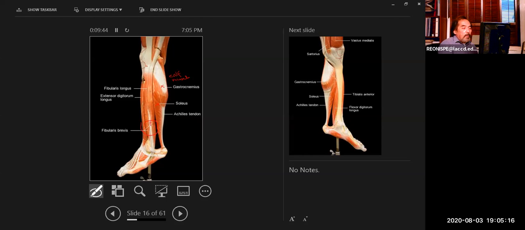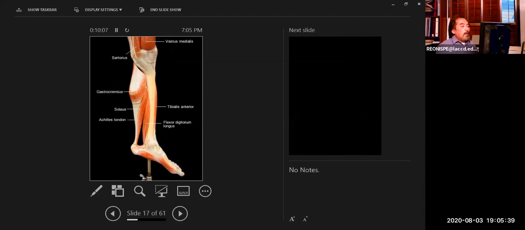The one on top is going to be your fibularis longus, and the one that is flat onto the bottom is going to be fibularis brevis. These two are lateral compartment muscles. Okay, and then another view of the gastrocnemius and the soleus.